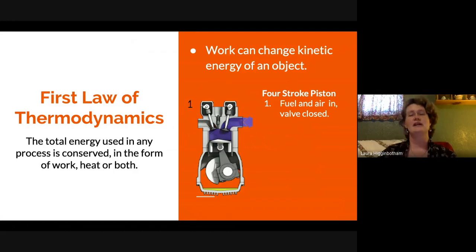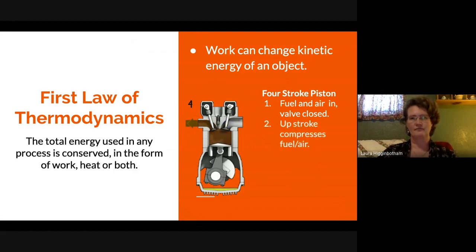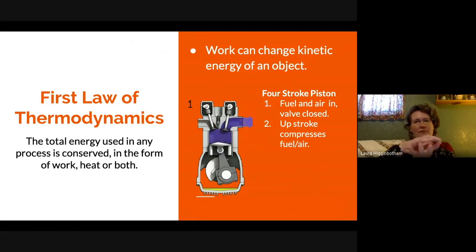Step 2 is the piston ramming back up. So as that comes up, that upstroke takes that fuel and air and compresses it. Well, when you compress fluids, they actually get hotter. So the work of that piston coming up becomes kinetic energy in that hot mess of fuel and air.